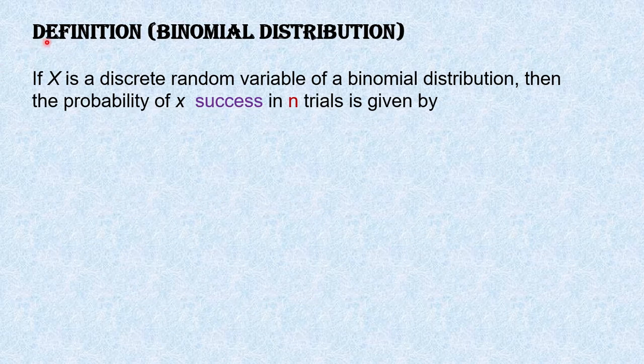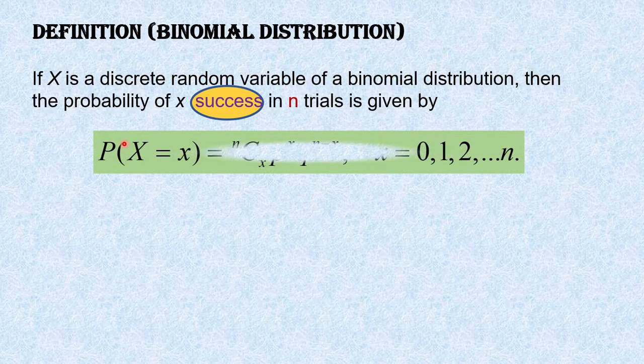So now we continue the definition of binomial distribution. If X is a discrete random variable of a binomial distribution, then the probability of X successes in n trials is given by probability X equals x, that is nCx, p to the power of x, q to the power of n minus x, where x starts from 0, continuing with 1, 2, until n.